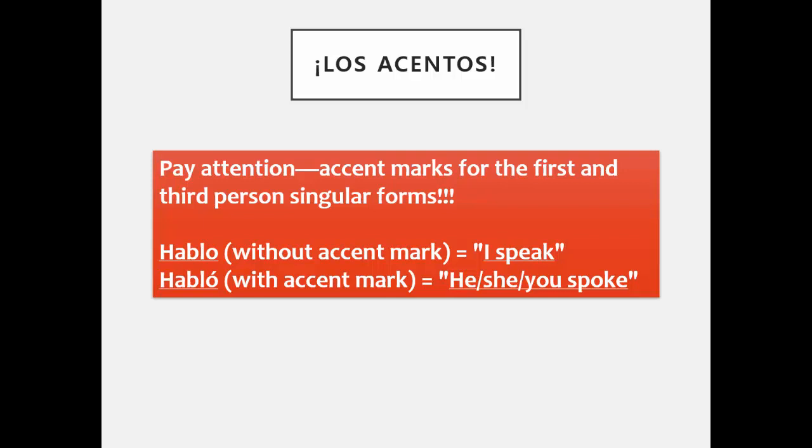Just FYI, accent marks play a big role in verb forms in Spanish. We will see them with the other past tense forms, and we will see them in other verb tenses. They reflect a big change with respect to verbs, so pay close attention to them. If you need it, we have a video on accent marks, and we do cover some of these topics here.